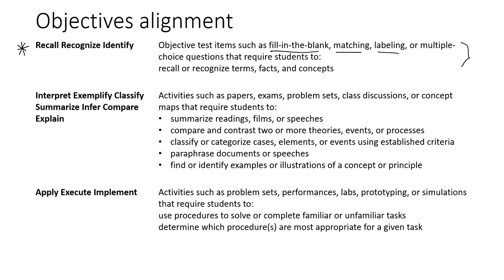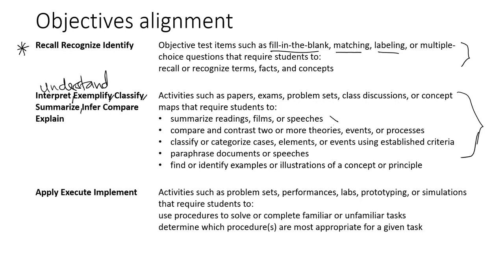If you want your students to understand, in this case, they should interpret, exemplify, classify, summarize, infer, compare, and explain. If you want your students to be able to do that, these are the types of activities that you can give them.